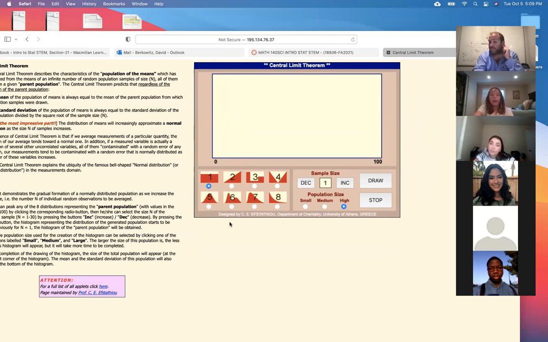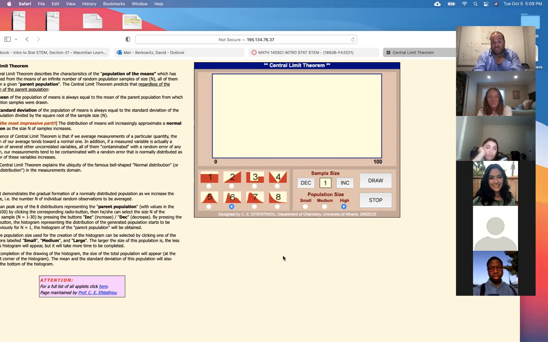Which one? 6. Okay. So 6 says, if I take one at a time, I'm pretty likely to be around here, less likely to be here, a little more likely to be here, and really unlikely to be on the edges. That's what the shape of 6 is, correct?